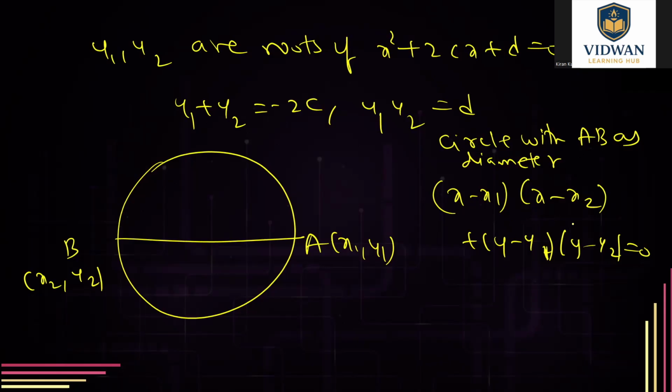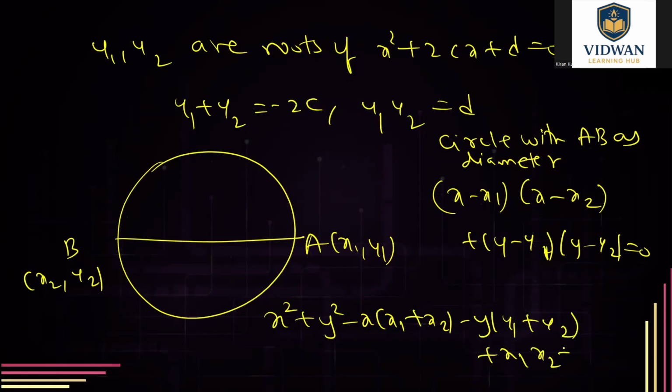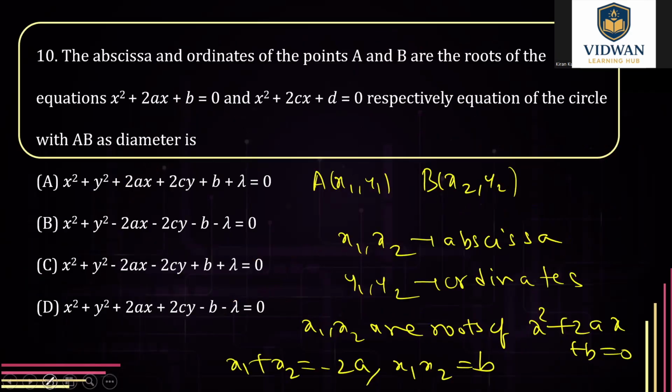For that, you need to open the brackets. If you multiply these two and multiply these two, you will get the equation in the form of x square plus y square minus x into x1 plus x2 minus y into y1 plus y2 plus x1 x2 plus y1 y2. You'll get it in this format. Just multiply and check. Then x1 plus x2 you can replace with minus 2a, x1 x2 with b.